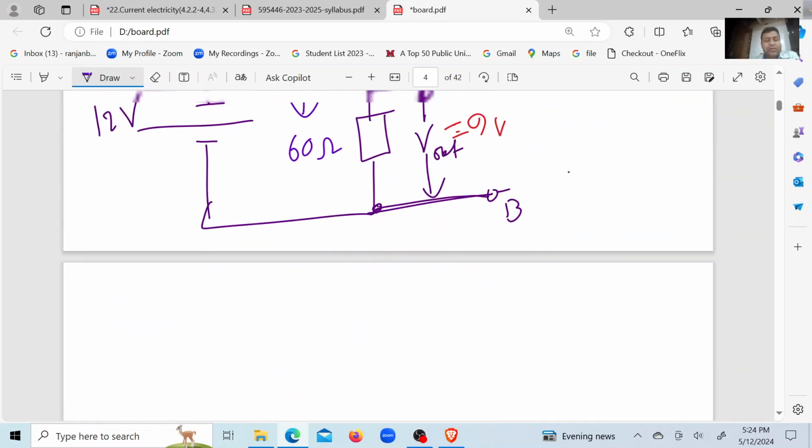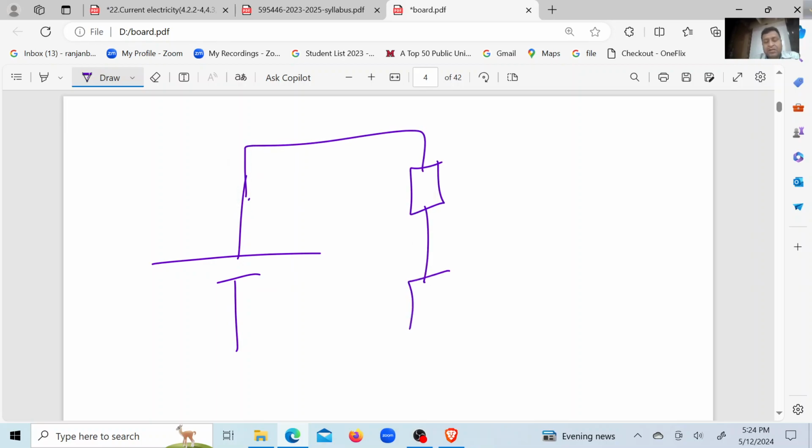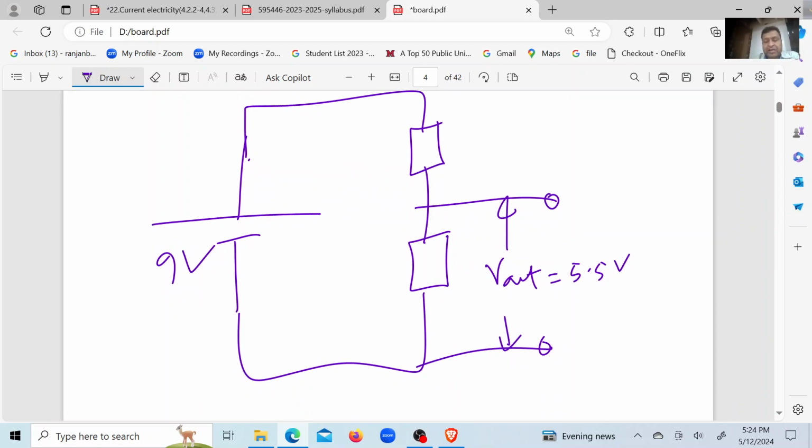Okay. Now, look, it's a regular ratio, but if it is an irregular ratio, then what to do? Don't worry. If the question is not a regular ratio, say 9 volt as the input, and I want 5.5 volt as the output voltage here, right? Only one resistance value is given here, 100 ohm.